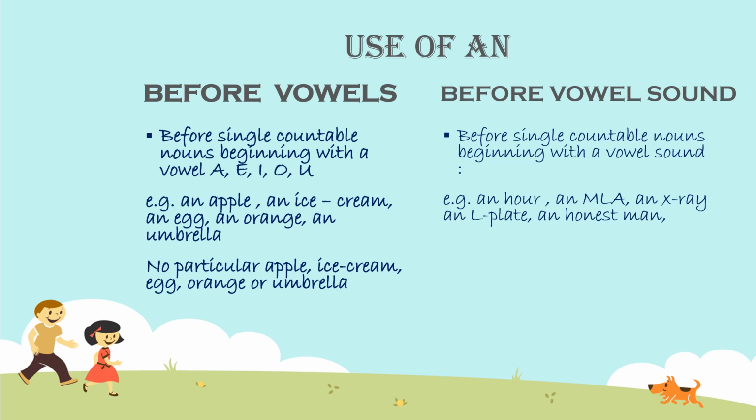Similarly, we will remember to use an before M, MLA, MPA. We are pronouncing it with an A sound. X, A, X. Here also it is A. L, L, A. Since we are pronouncing it like A, that is why we write an before it.